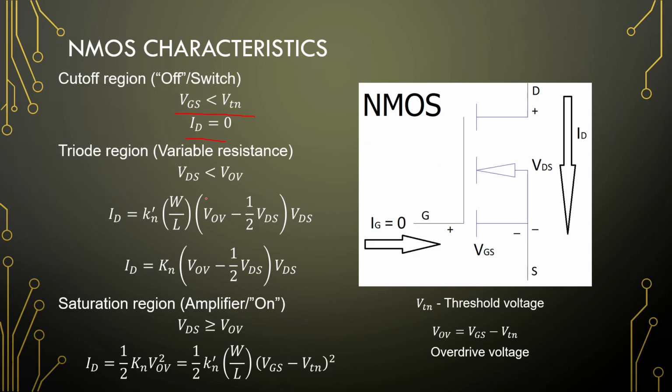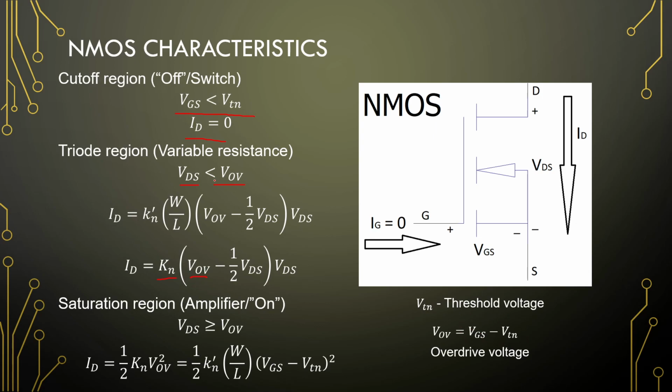For the triode region, when our drain source voltage is smaller than our overdrive, we are in the triode region and we have some complicated looking equations, which is not so bad if you look closely. We have our transistor parameter, the transconductance, the overdrive voltage, which is our gate source minus our threshold.